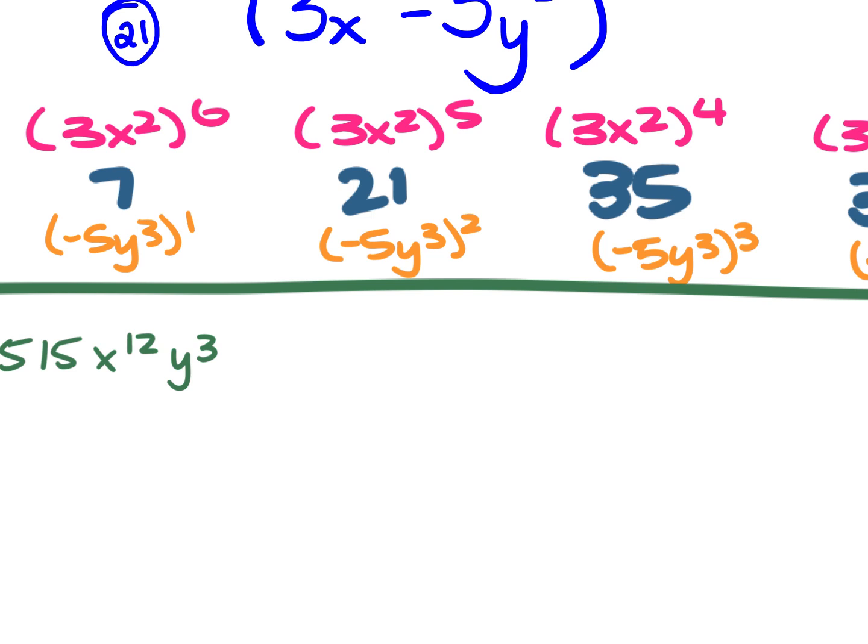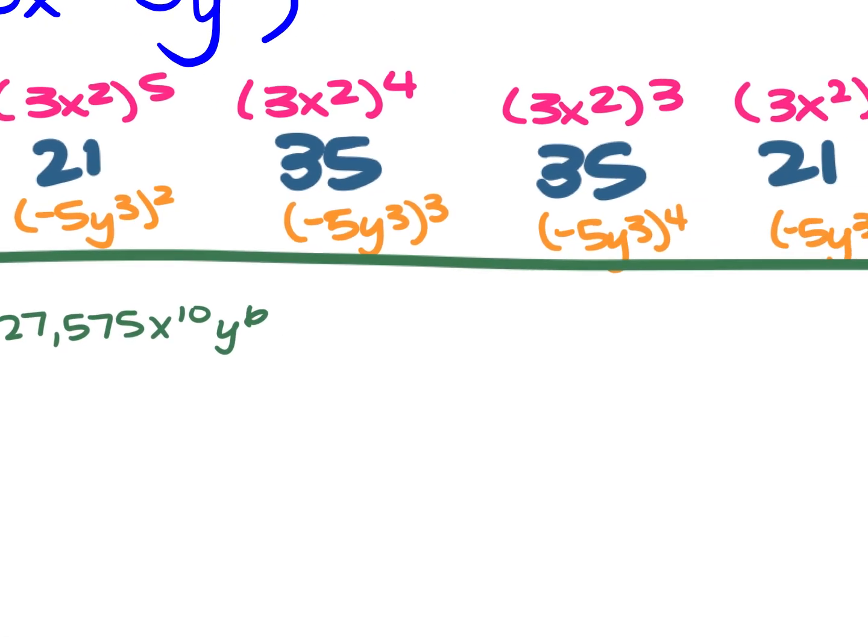Next we have negative 5 to the 2nd power times 21 times 3 to the 5th power, which gives us a positive 127,575 x to the 10th, y to the 6th.